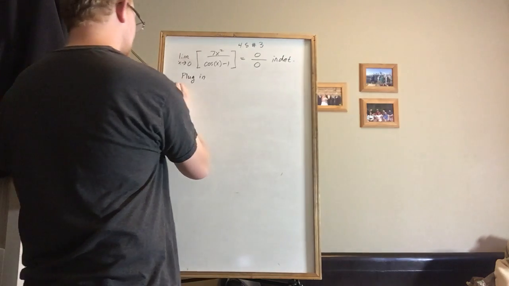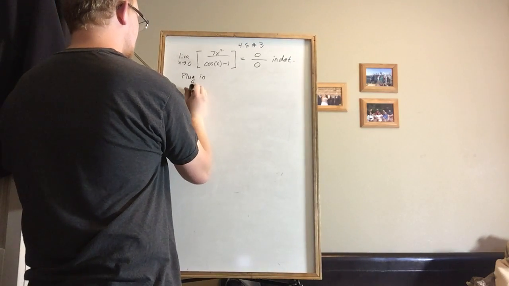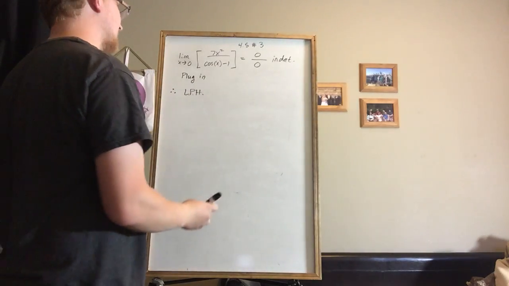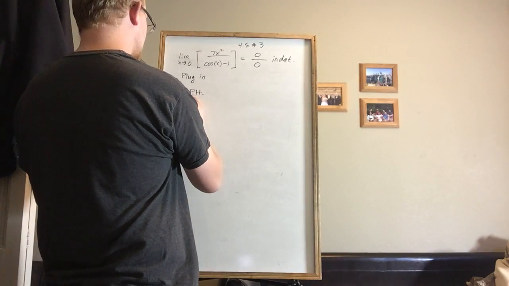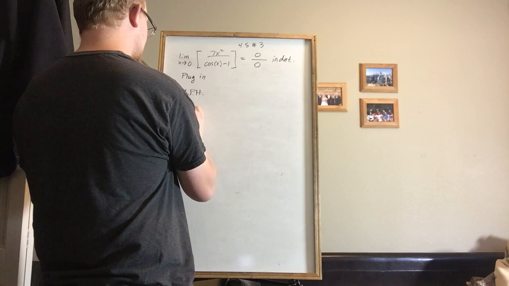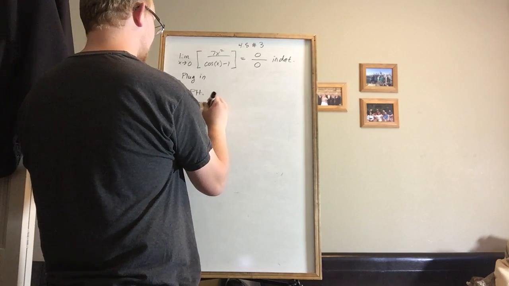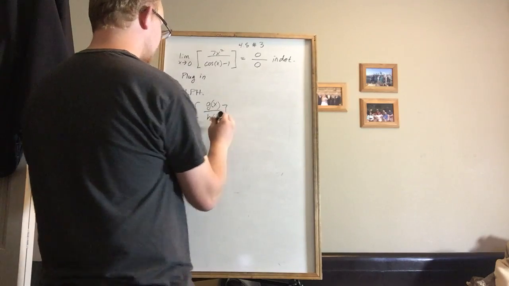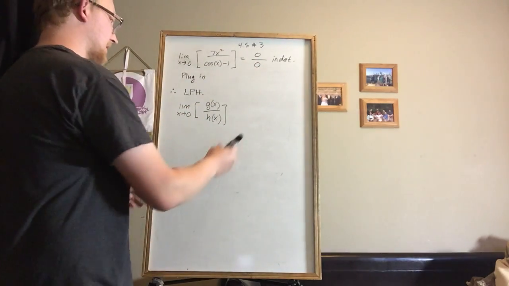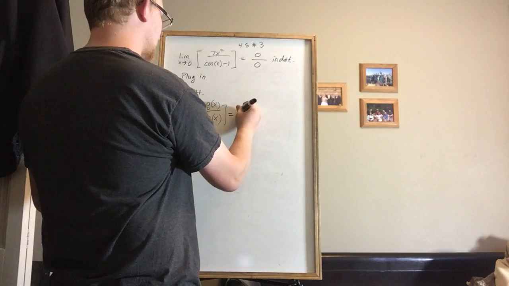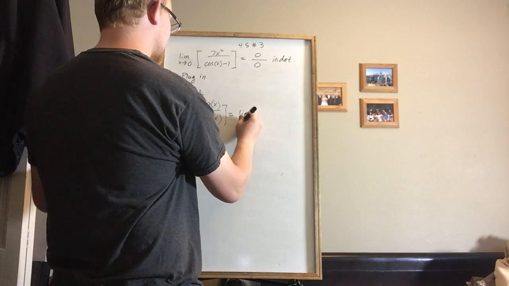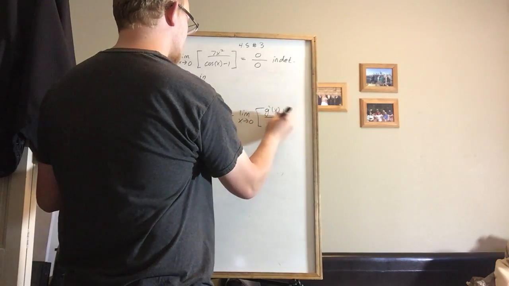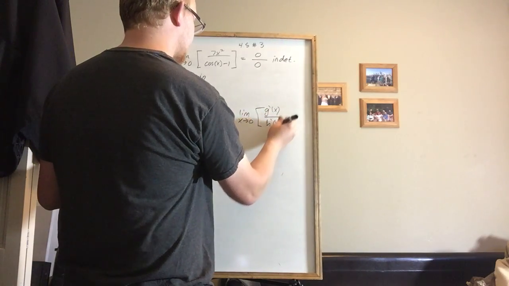And therefore, I can apply L'Hopital's rule. What that means is I can treat this as the limit as x approaches 0 of some function g of x over some function h of x. If it is indeterminate when I plug it in, then it's equivalent to the limit as x approaches 0 of g prime of x over h prime of x.